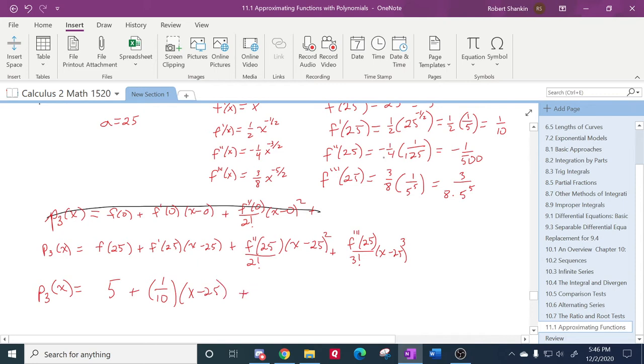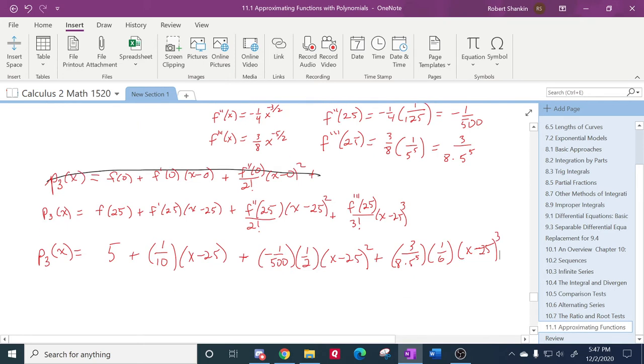F double prime of 25 is negative 1 over 500 times 1/2, because 2 factorial is just 2, times x minus 25 squared. And then the triple prime is 3 over 8 times 5 to the 5th times 1/6, because 3 factorial is 3 times 2 times 1, which is 6, times x minus 25 cubed.